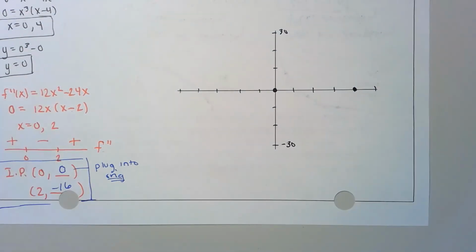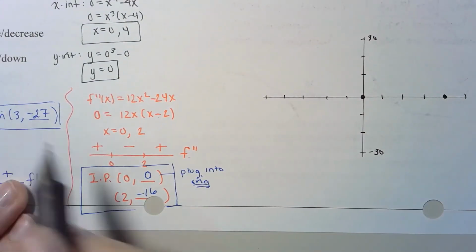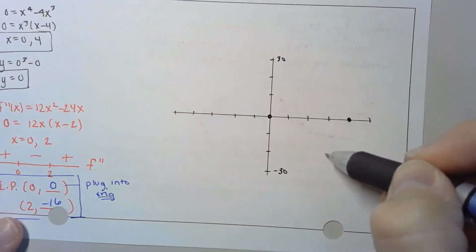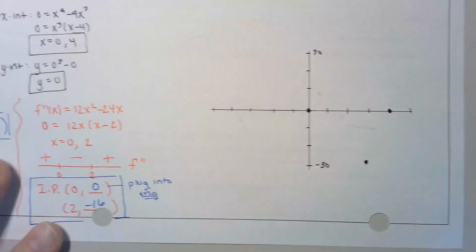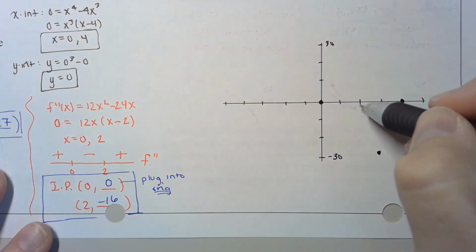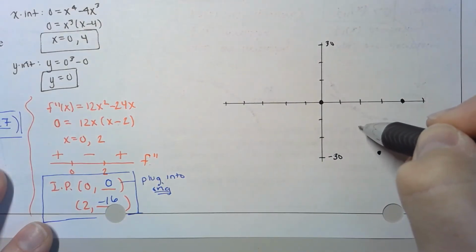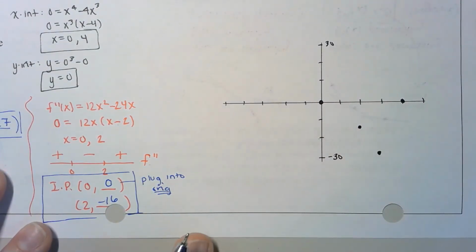How's that? Okay, so my minimum was at the point 3, negative 27, so almost down to the bottom there. And then my other point, right, I have 0, 0, that's already there. And then 2, negative 16 will be kind of like in here, right? These were going by 10, so 10, 20, I'm kind of right in the middle there.